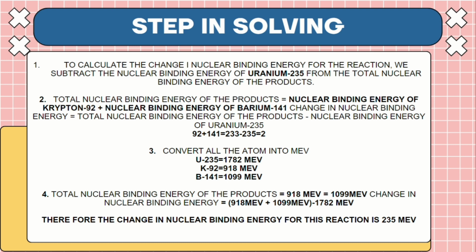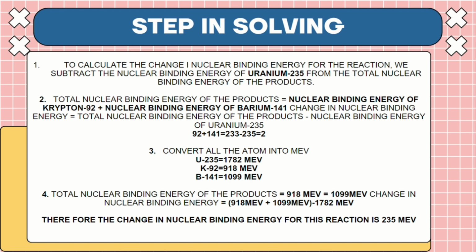Step 3: Convert all the atoms into MeV. Uranium-235 is equal to 1,782 MeV. Krypton-92 is equal to 918 MeV. Barium-141 is equal to 1,099 MeV.